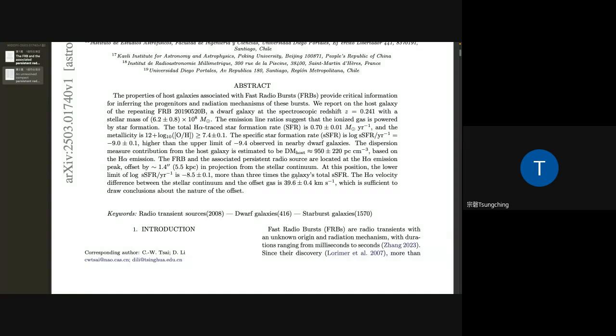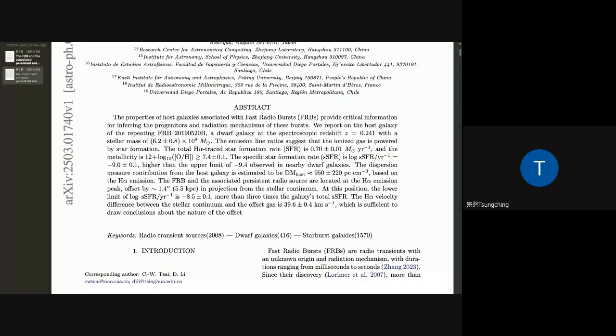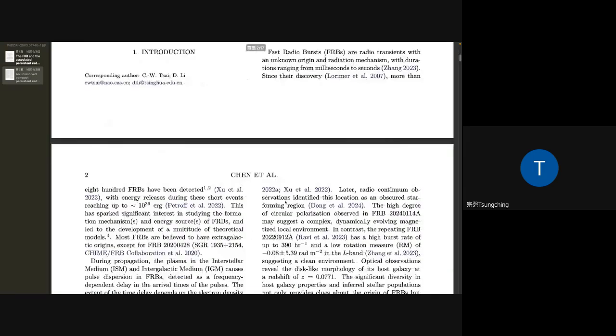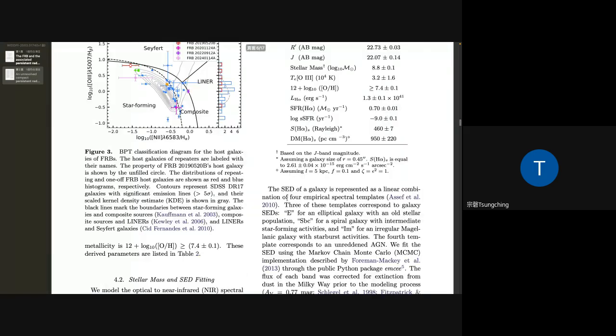They use a lot of optical and radio emission and images, and they calculate the star formation rate, metallicity, and stellar mass. They say this FRB suggests a young stellar population. And what is special for this FRB is the ionized gas.